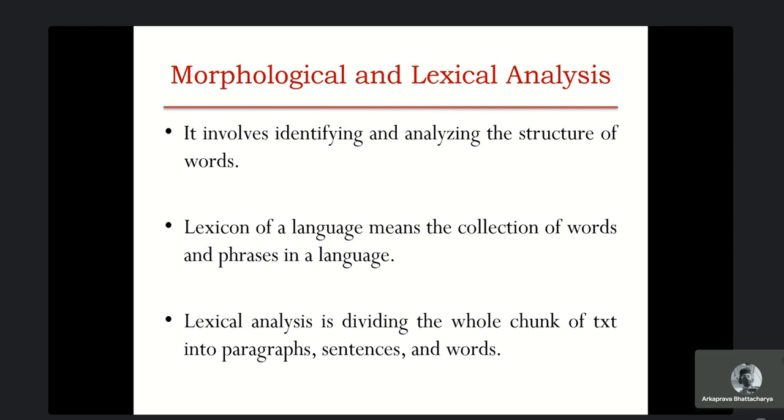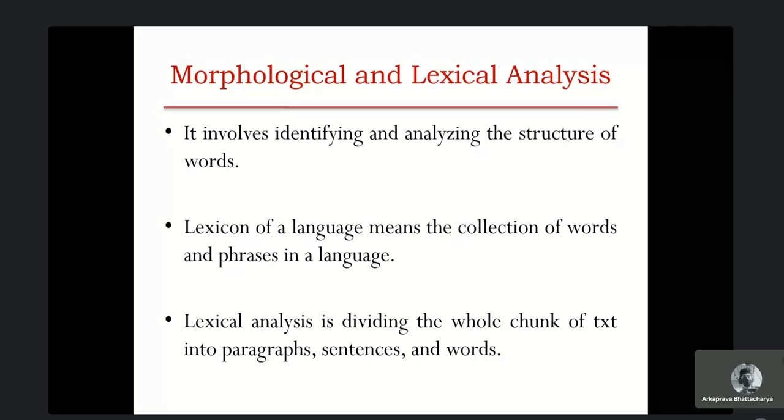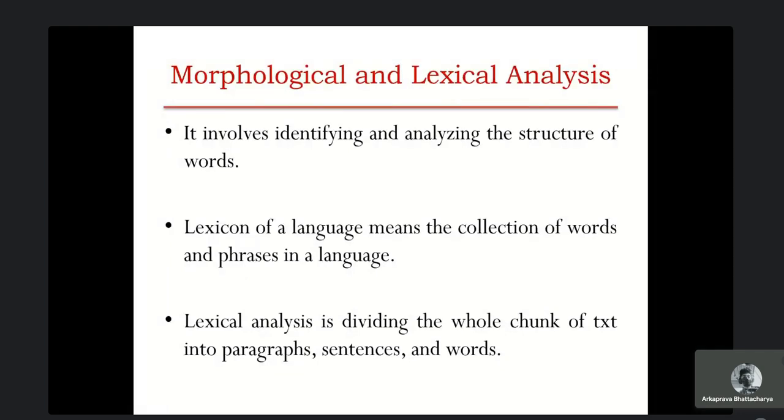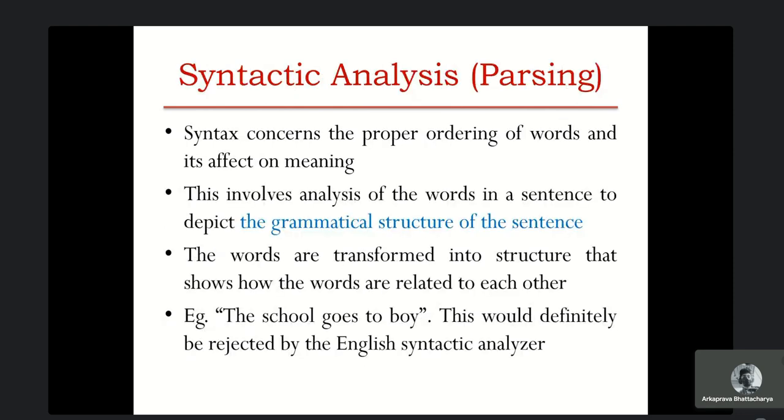So it divides the whole text, which could be in the form of paragraphs, sentences, or words. The most common lexicon or normalization techniques used for lexical analysis are stemming and lemmatization, which we'll see in the further slides. The next step is syntactic analysis, which is the second phase of natural language processing.